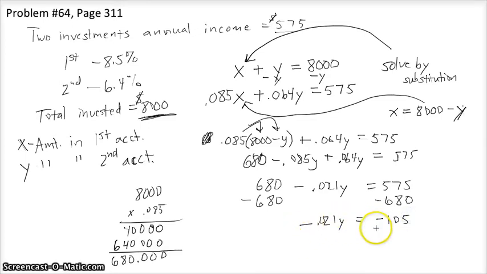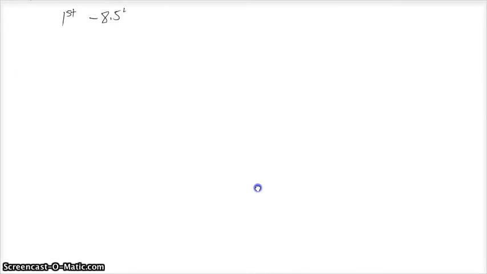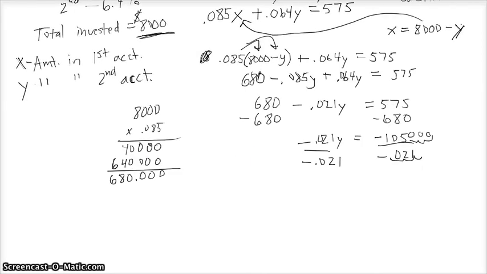So I'm going to take this and divide by negative 0.021. If I move the decimal over 3 spots, I'm actually taking 105,000 and dividing by 21.